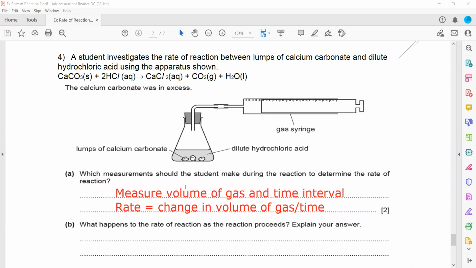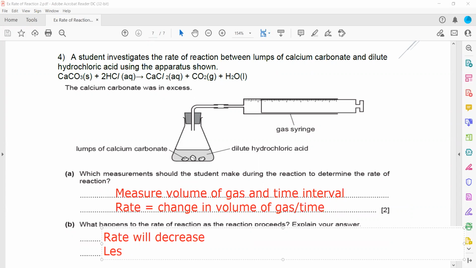What happens to the rate of a reaction as the reaction proceeds? The rate of reaction always decreases. The rate in the beginning will be faster, but the rate will decrease. And what is the reason why the rate of the reaction decreases? Because the number of reactant particles decreases.